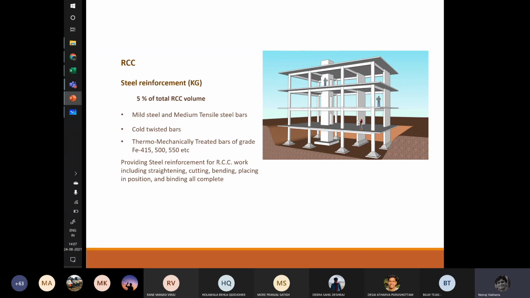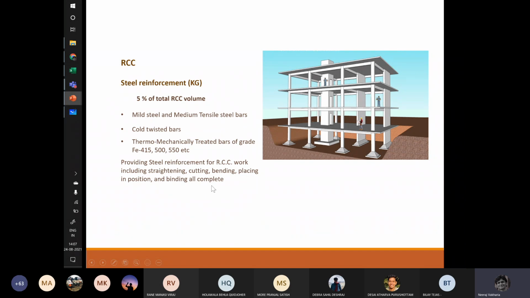So basically, we are focusing on its strength when we are saying the gradation of it. When we are saying FE415, FE500, 550. So we have to write providing steel reinforcement of FE500, FE415 for RCC work, including straightening, cutting, bending, placing in position, and binding all complete.